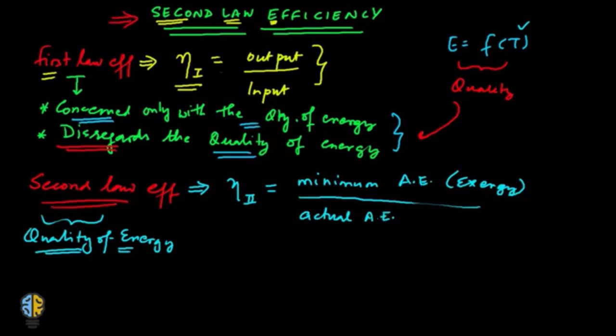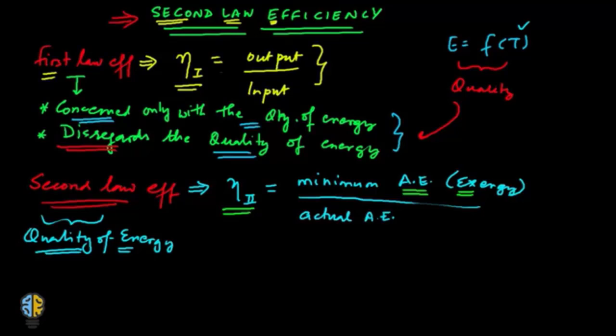So if you can minimize the exergy requirements to perform a task or a process, then you can increase your second law efficiency, and you can also ensure the most efficient possible conversion of energy.